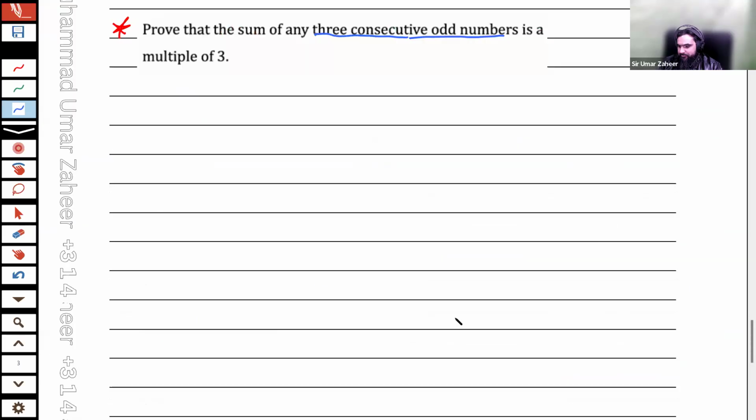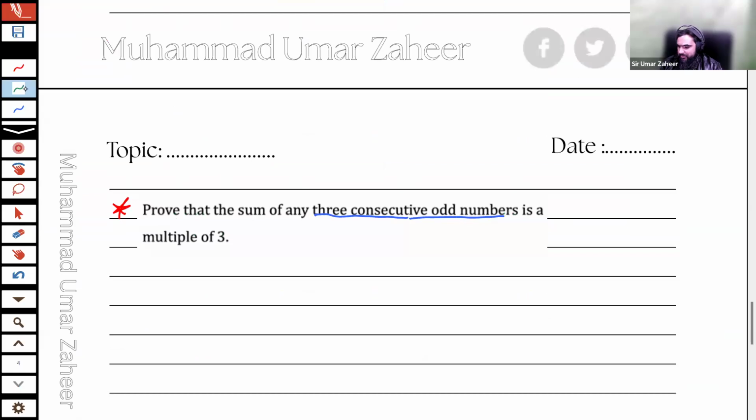Then you have to take the previous number and the next number. If you take the previous number, what will it be? 2n minus 2. 2n is basically your even number, and 2n minus 2 is also an even number.